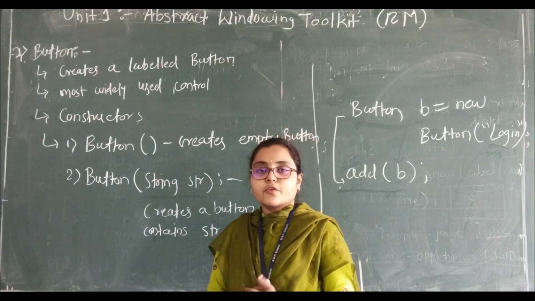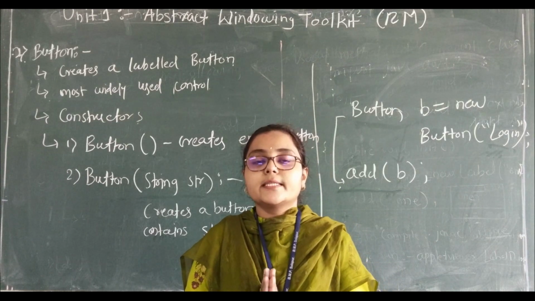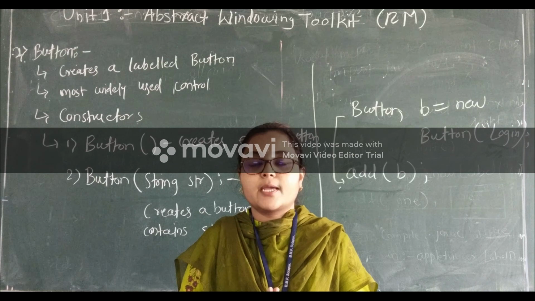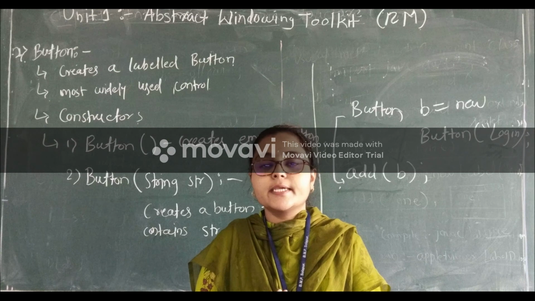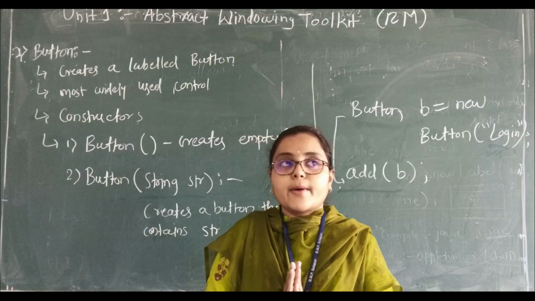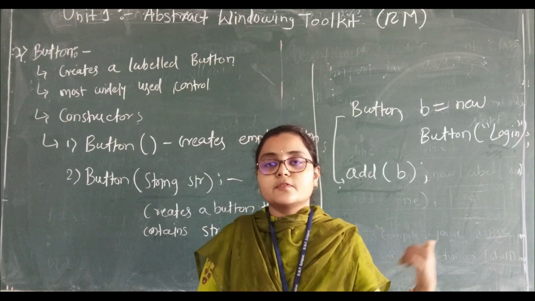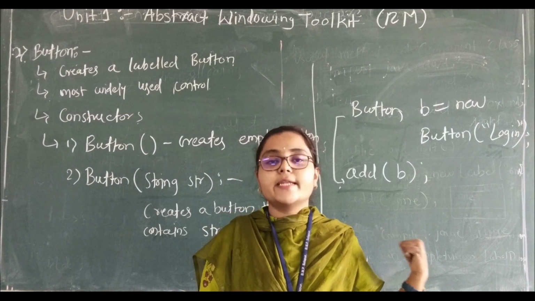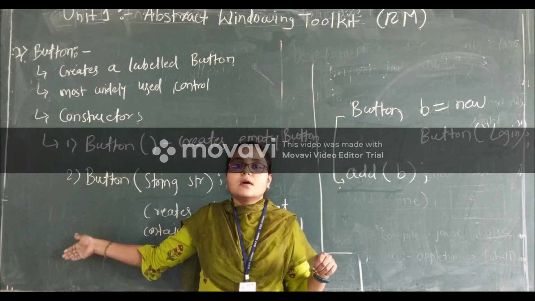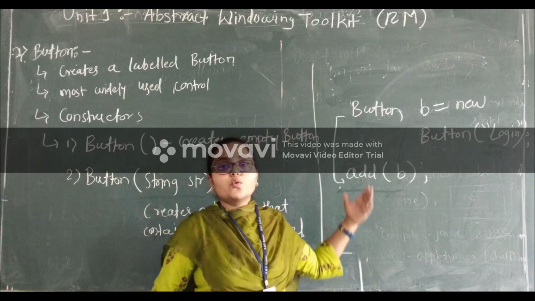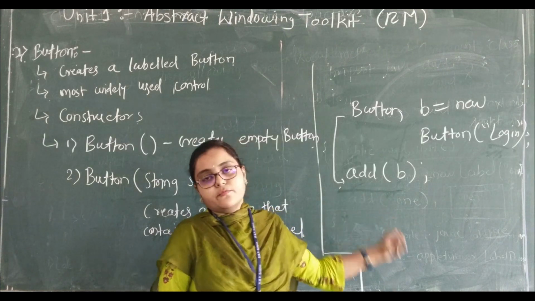We discussed two user elements. The first one is label, where we discussed the constructors of label and one sample program for creating and using a control, that means label. Next I am going to define the program which defines the label and button. In button I am going to discuss the constructors of button and how to create a button and how to add the button on the window or container.